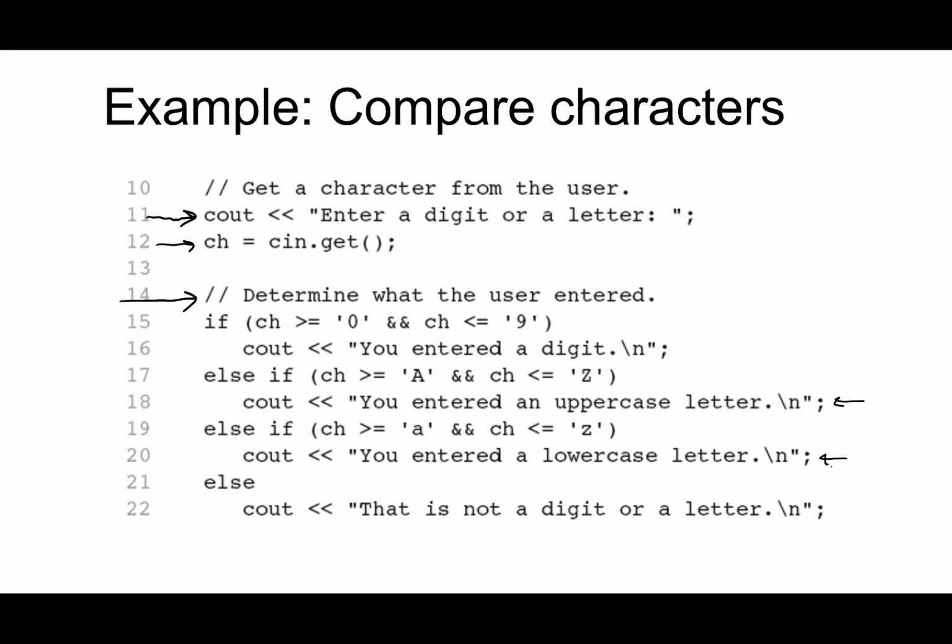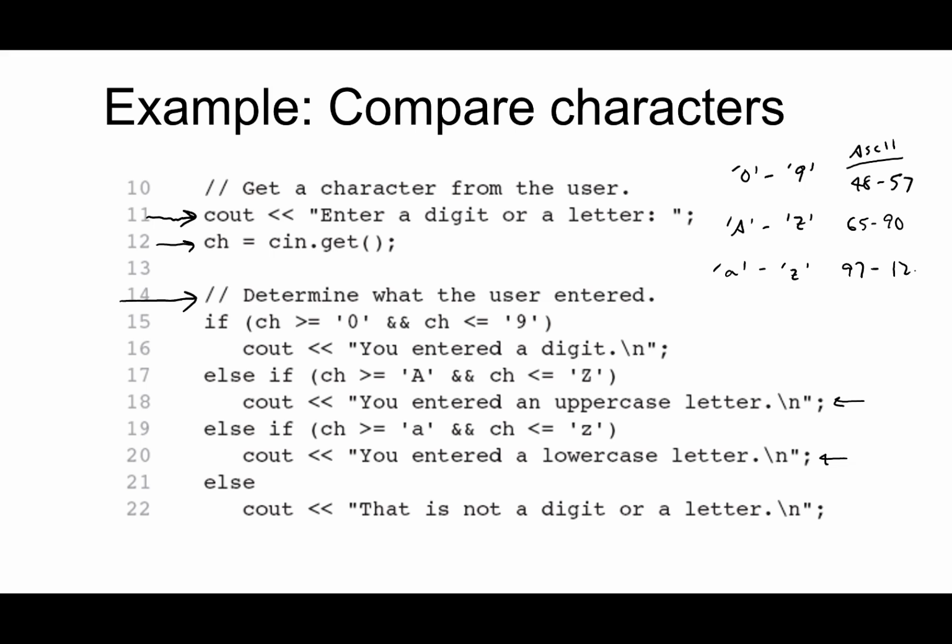And remember the ASCII codes: 0 through 9 are 48 through 57, A through Z is 65 through 90, and lowercase a through lowercase z is 97 through 122.